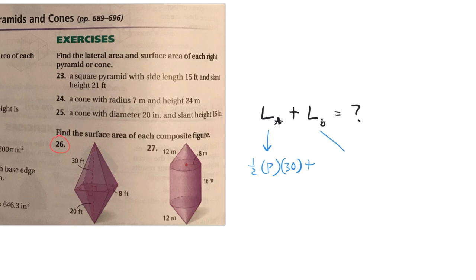And then the lateral area of the bottom is going to be similar in that it's going to be 1/2 times whatever the perimeter is, times the slant height of the bottom, and that's given. And it's the case that that's 20. So I don't really need to write equals question mark every time. The bottom line is we're going to just work this out. We're going to simplify it, and that's going to be our answer.